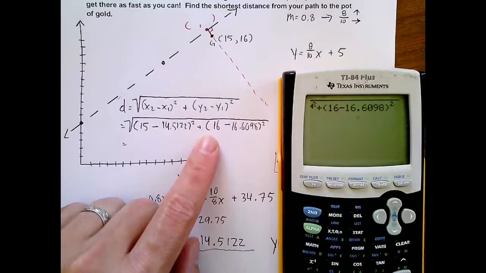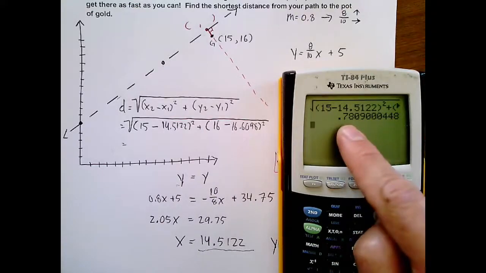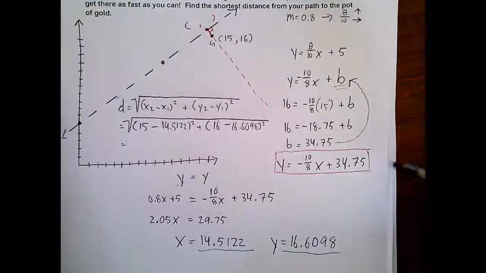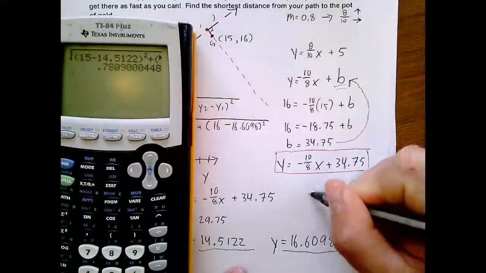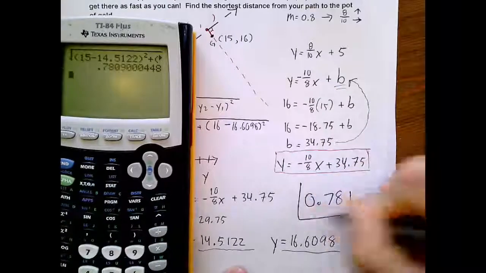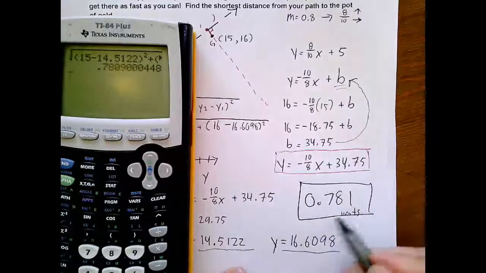Hit enter. Voila, we get 0.780. We're going to go to 3 sig figs, so we say 0.781. And that's our answer. We did it. That's the shortest distance. Let's put here 0.781. And I guess there's no units on this question. That's the shortest distance.